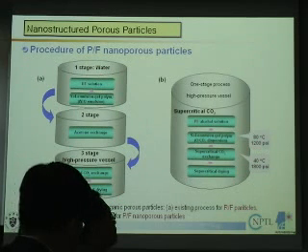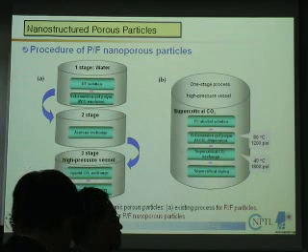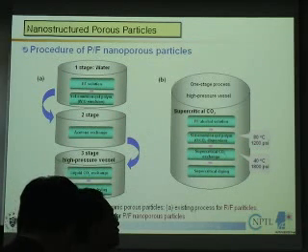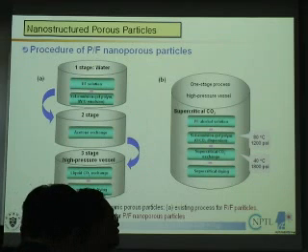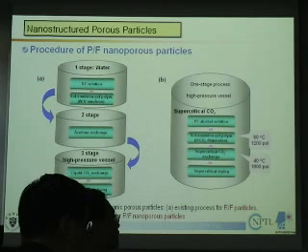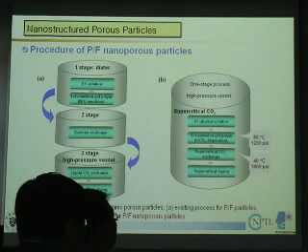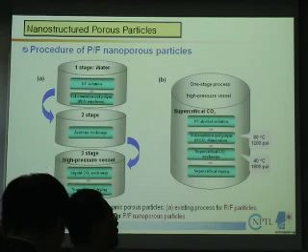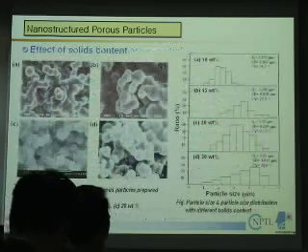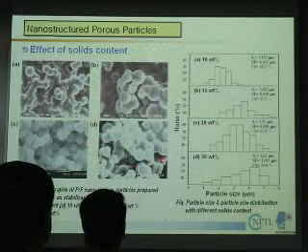In the first stage, you can make some kind of dispersion, and then during the polymerization, just by adjusting the solubility between the solvent and the supercritical fluid, you can make the exchange happen. Then finally, you create the particle in this one-stage process. And this is the result.